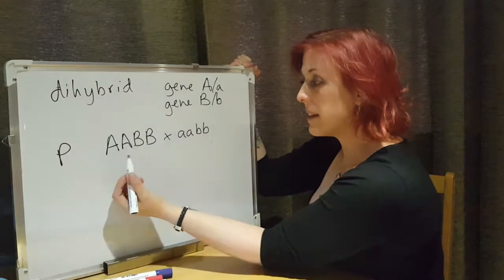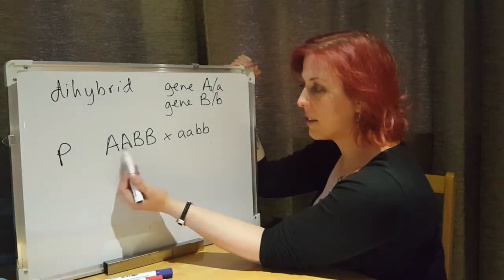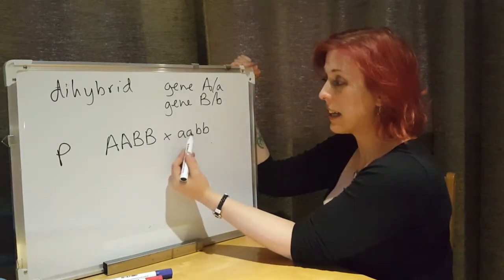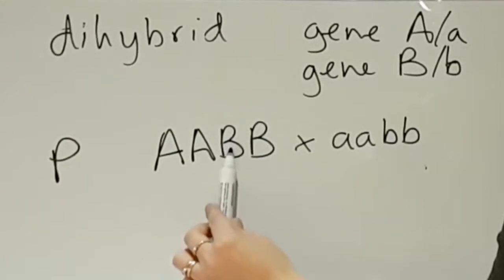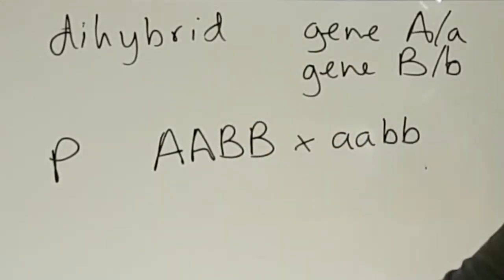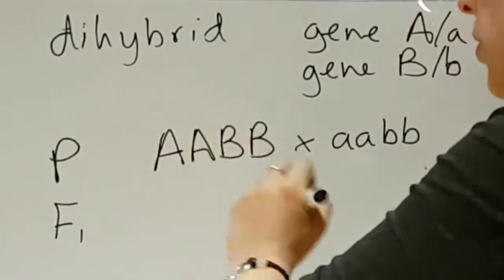Now, this means that we've got a whole load here of parental alleles, big A, crossing with the little a. We've got 2 copies of big B, the dominant, crossing with 2 copies of little b, the recessive. This is quite an easy one to work out.